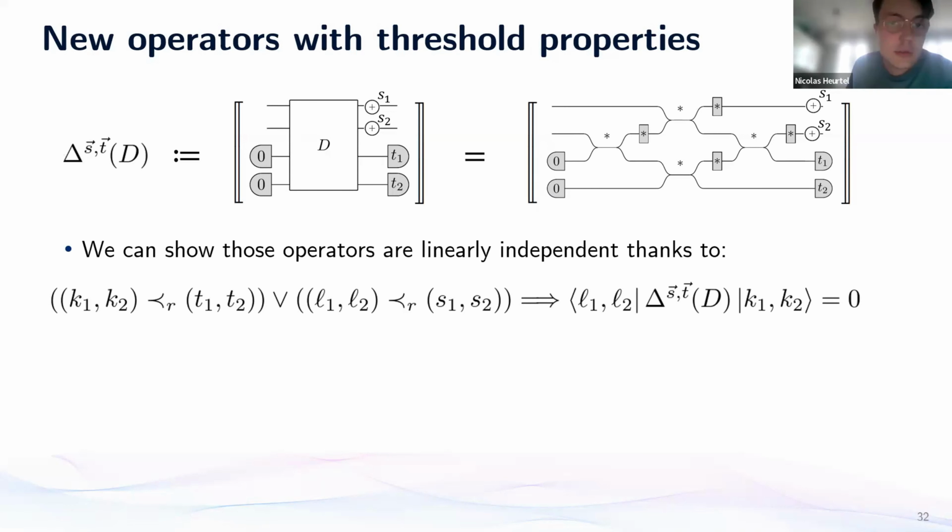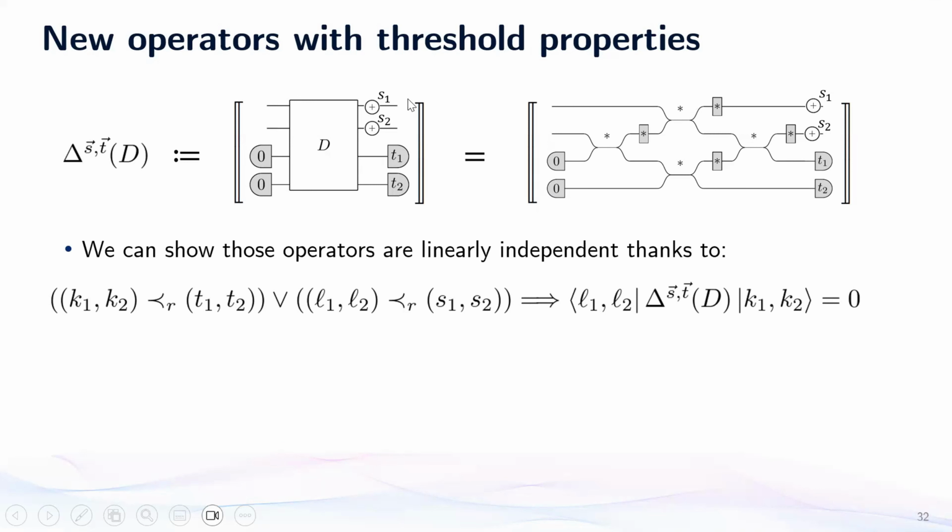So we can try to understand that. So for instance, let's start with the output. If you want to detect 2 photons on the first wire of the output, if S1 is strictly greater than 2, then you know it won't be possible. You will necessarily have more than S1 photons on the first output wire.